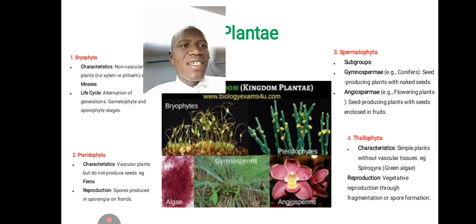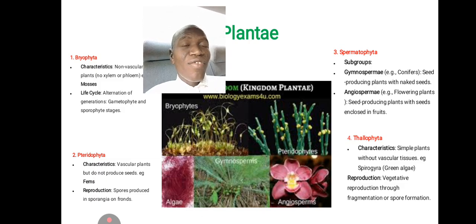So Thallophyta are the simplest in the class of the plants. What are their characteristics? They are just simple plants without vascular tissues. What are vascular tissues? Do you remember plants' vascular tissues? Yes: parenchyma, collenchyma, sclerenchyma, xylem, phloem, and so on.